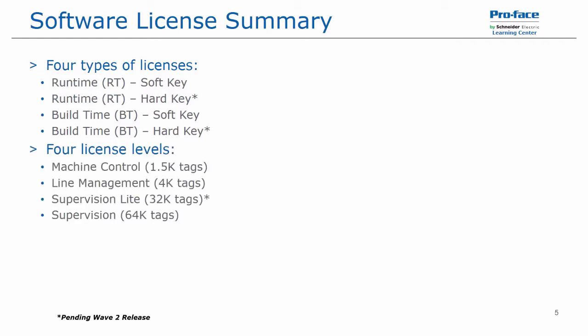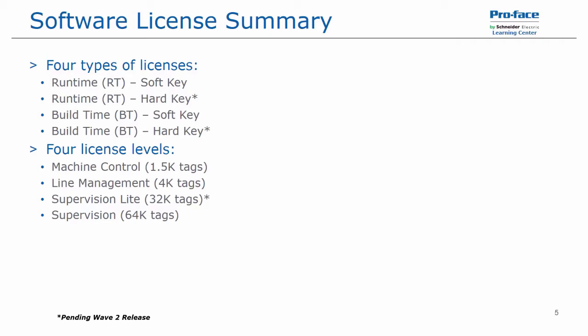There are 4 license levels. Each has its own name and tag count. We go all the way from machine control, which is 1,500 tags, to line management, which is 4,000, supervision light, which is 32,000, and then finally supervision, which is 64,000 tags. Now the license levels or tag counts apply to a single application, not the software as a whole.